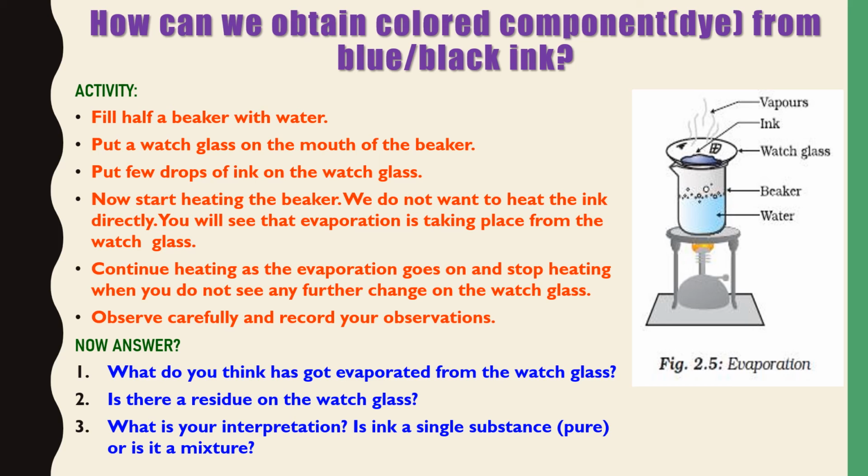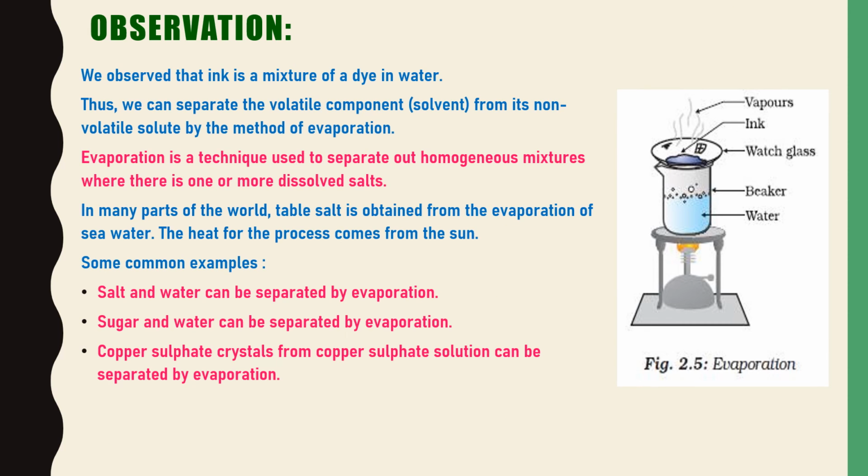Next question, is there a residue on the watch glass? Next one, what is your interpretation? Is ink a single substance, meaning a pure substance, or is it a mixture? So let us answer these questions one by one. We observe that ink is a mixture of a dye in water.